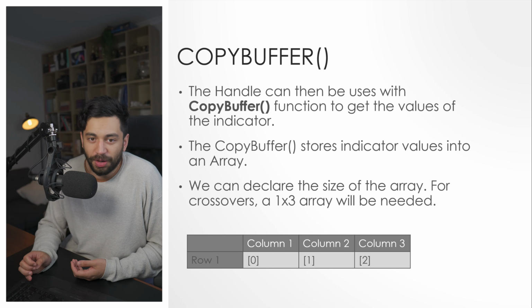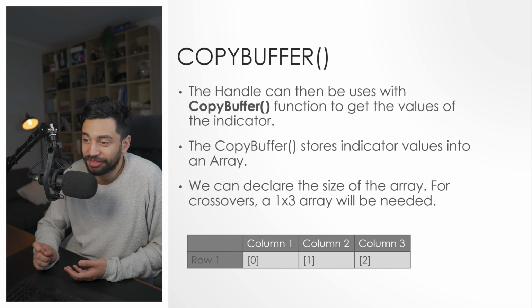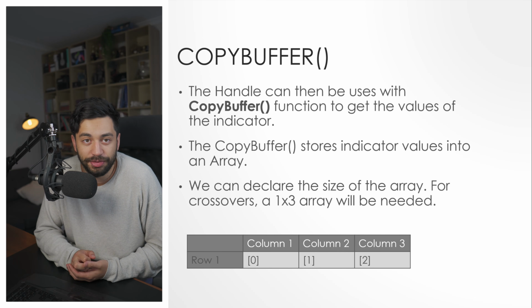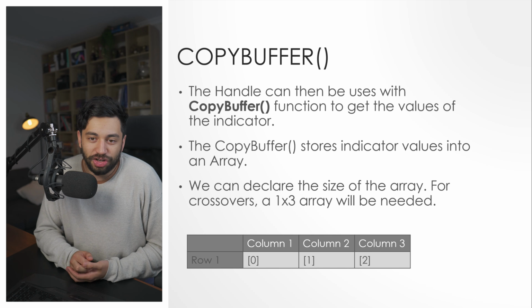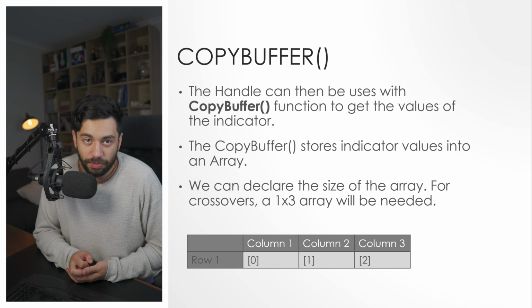Now, copy buffer. Copy buffer is the other new concept that we are going to be using today. And as I mentioned, the handle can be used with the copy buffer to get values of our indicators. Now, the copy buffer stores our indicator values into an array, and that array can be any size that we want it to be.